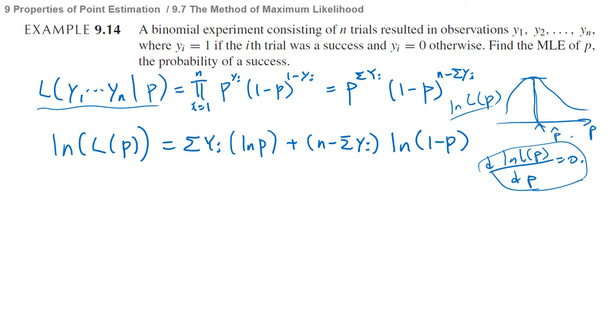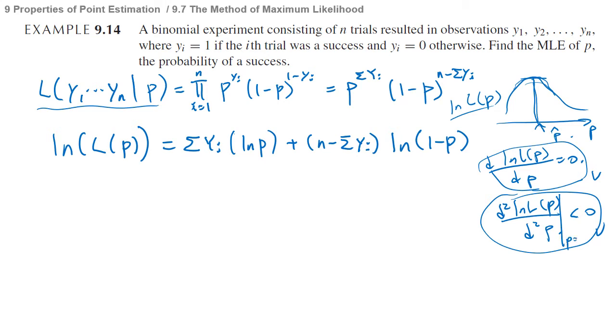Also, to make sure the shape is like this, we need to calculate one more derivative: the second derivative of ln L(p) is less than 0 at p equals p hat.